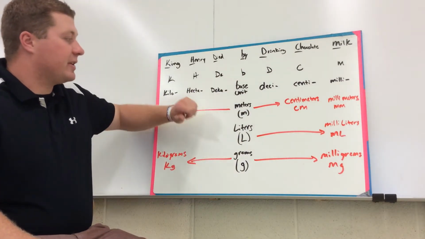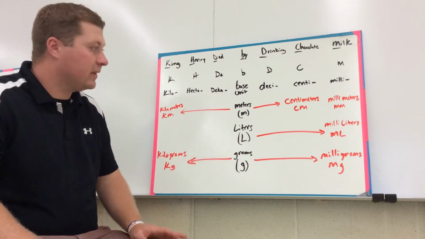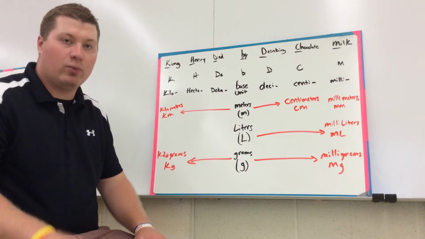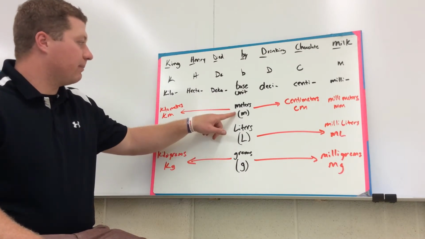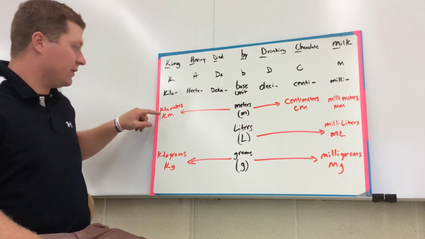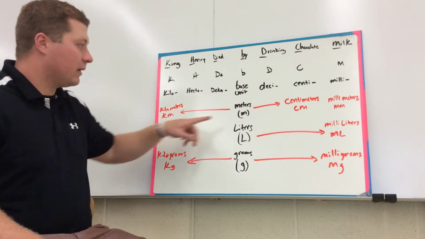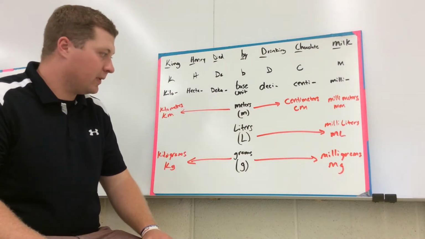Now the base units that we talk about in science generally are meters, liters, and grams. Just a couple examples of how we use these prefixes, and you're probably pretty familiar with this: if we go from meters down to the K section of the graph, it's the kilometers. So this is where kilometers belong. The meters can also be changed to centimeters or millimeters.